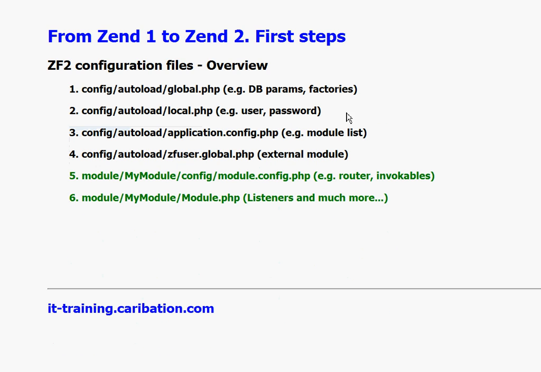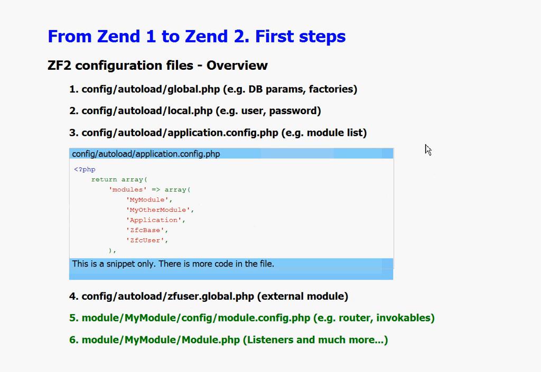The third file, application config PHP, has one important element. This is the list of modules that should be seen and executed in the application. If you develop a new module and you don't enter it in this array, the module will not be seen by the application and will not be executed.